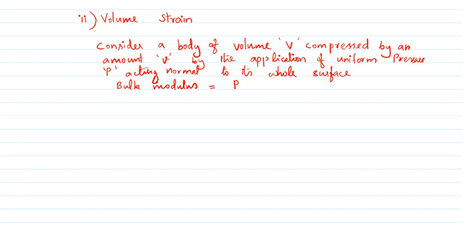So strain will be small v divided by capital V, and we will get K equal to P divided by small v over capital V, that is P capital V divided by small v, and the bulk modulus will be represented by the term capital K. Okay, so from this equation we will get P equal to K small v divided by capital V. So this is equation number 1, and this one equation number 2.